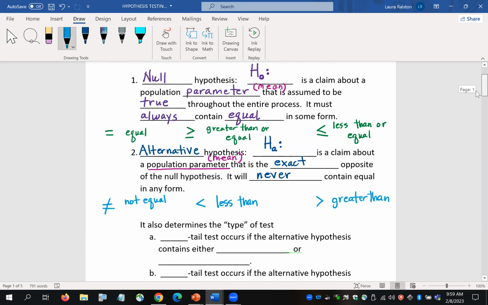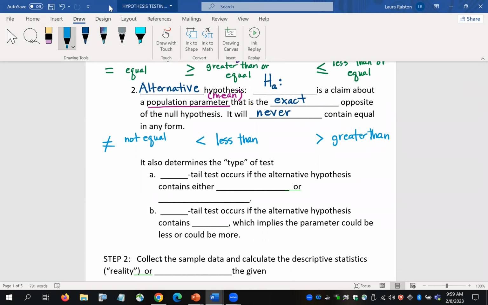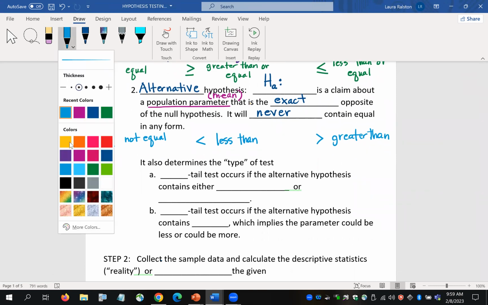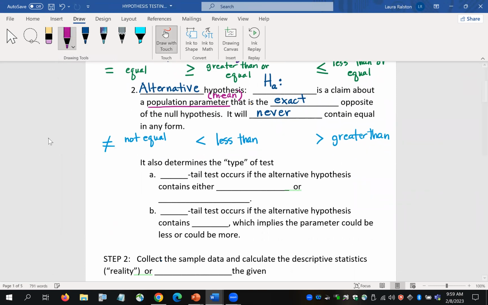The alternative hypothesis, and I'll emphasize that here, so let me write that in, the alternative hypothesis determines the type of test.